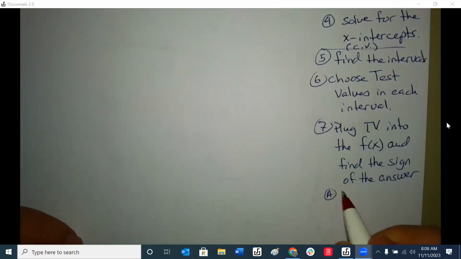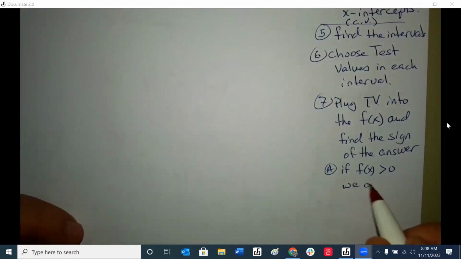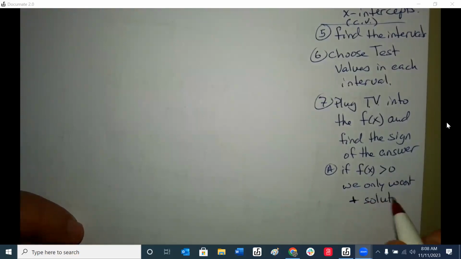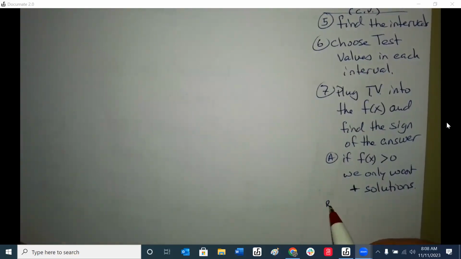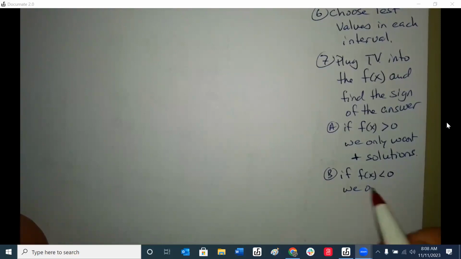Remember, if your equation is like this, we only want positive solutions. So if they're negative, you don't count them. If your function is less than 0, we only want negative solutions.